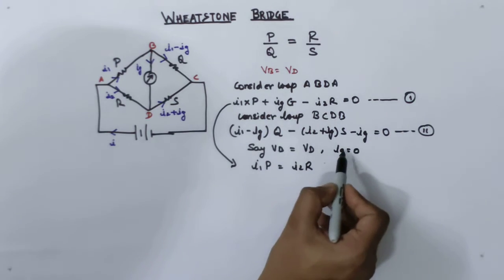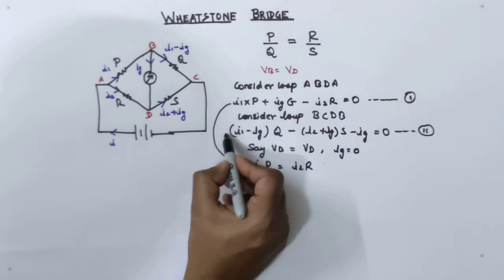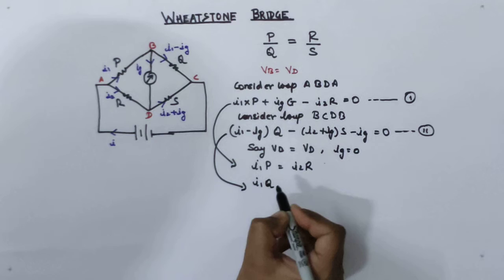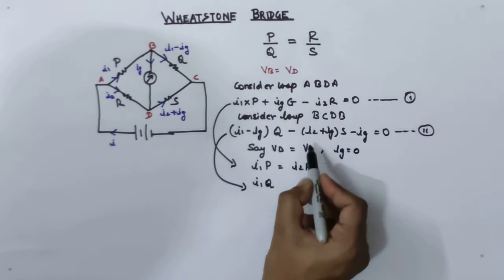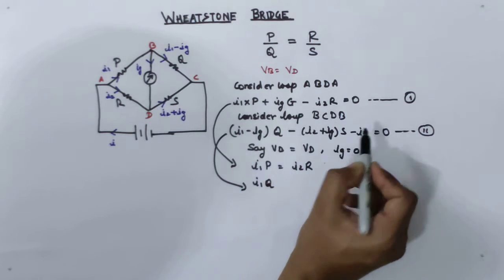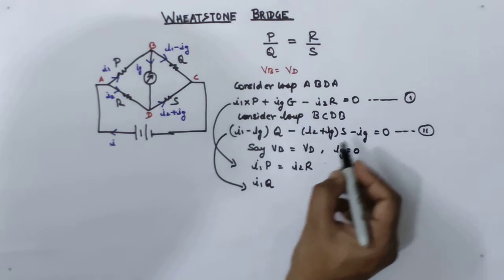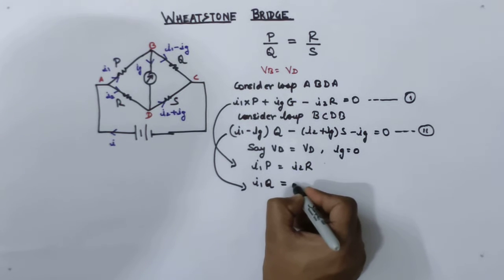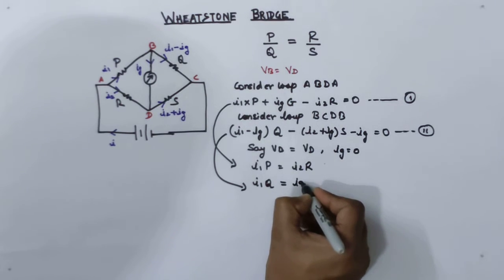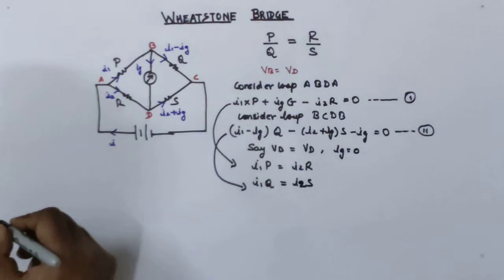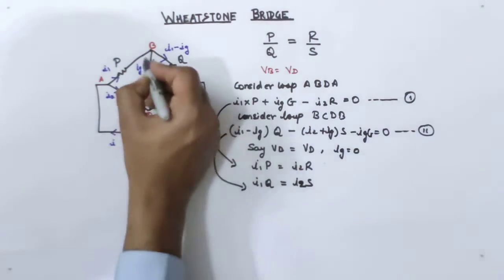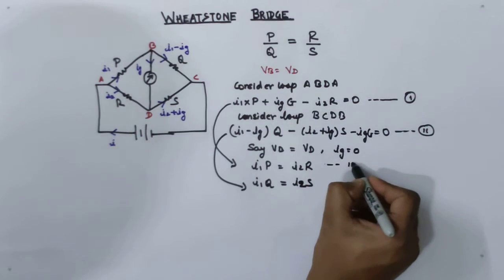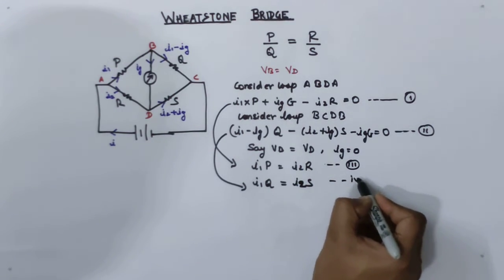Similarly, when I consider Ig equals 0 for equation 2, I get I1Q, and this Ig as well as this Ig will also become 0, equals I2S. Now this is equation 3, this is equation 4.